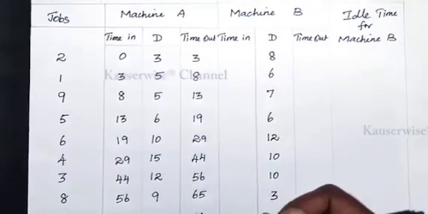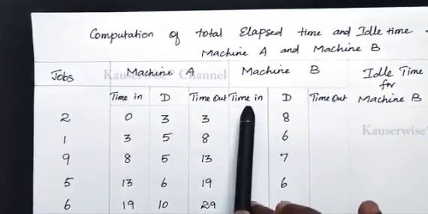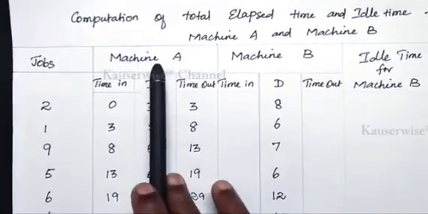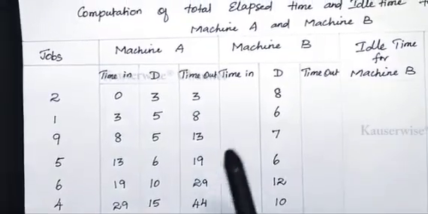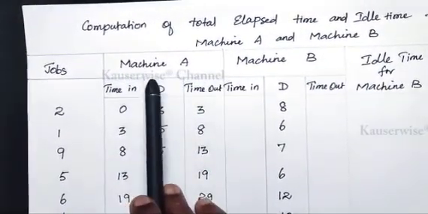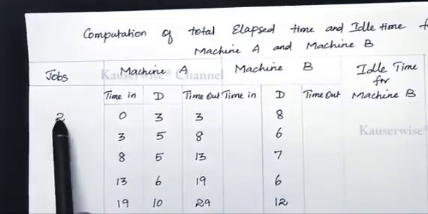Now let us see the calculation for machine B. Now we are going to find the in time and out time for machine B. Here machine A processed 9 different jobs continuously, but each and every job should be processed through machine A and then machine B. This is the order. So look at the first job.